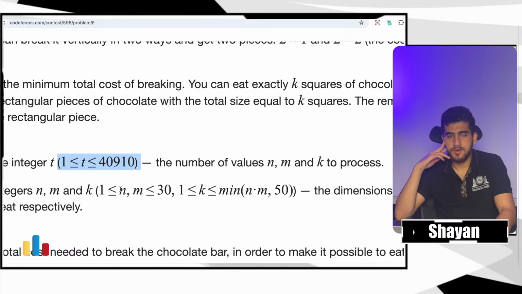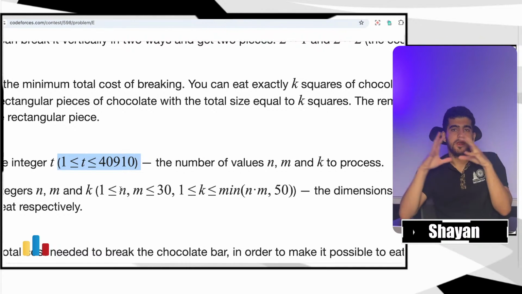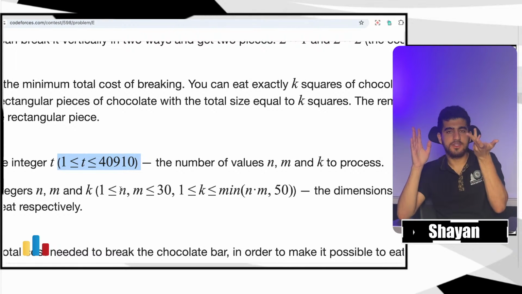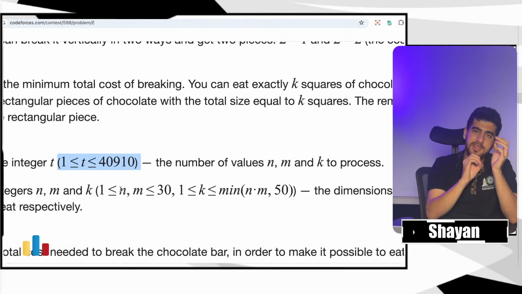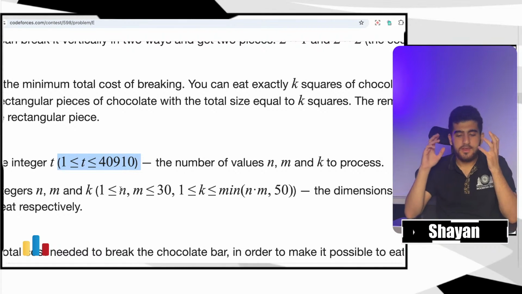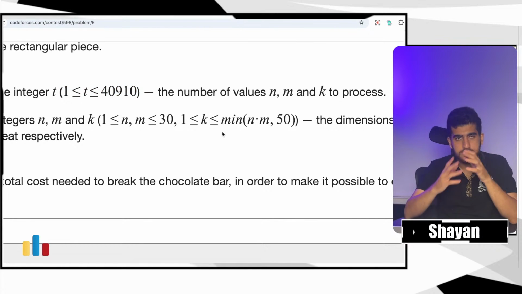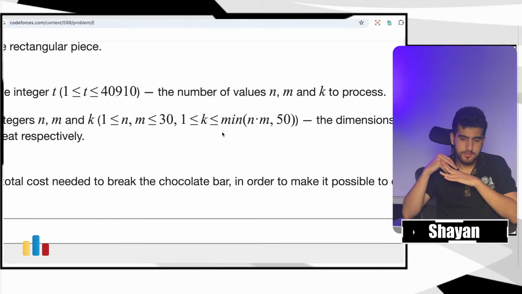If we can solve the problem for every possible value of n, m, and k, and have them in our DP, for example, dp of i and j and l says what is the answer if the size of the chocolate bar is i by j and we want to eat exactly l squares. If we know all of them, then each time we just read n, m, k, and right after that we print dp of n, m, k.